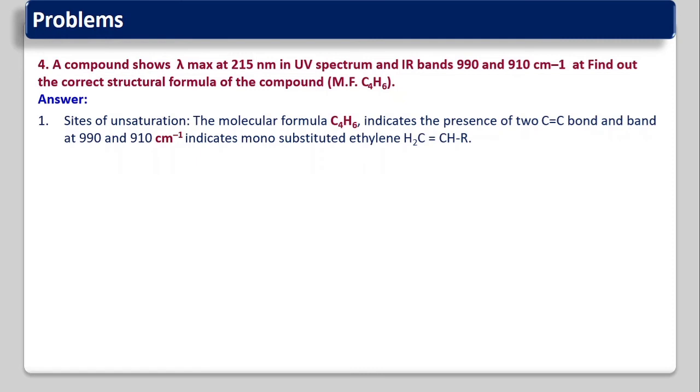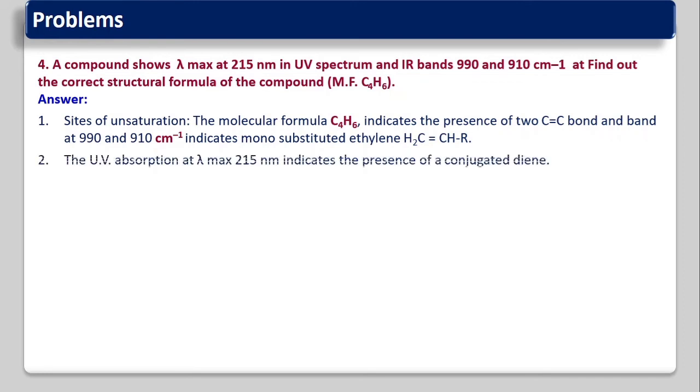So it clearly indicates that there are two carbon-carbon double bonds. The bands at 990 to 910 cm⁻¹ clearly indicate that a mono-substituted ethylene is there. So a terminal, mono-substituted alkene is there, and the first piece of information, the lambda max of 215 nanometer, indicates the presence of a conjugated diene.